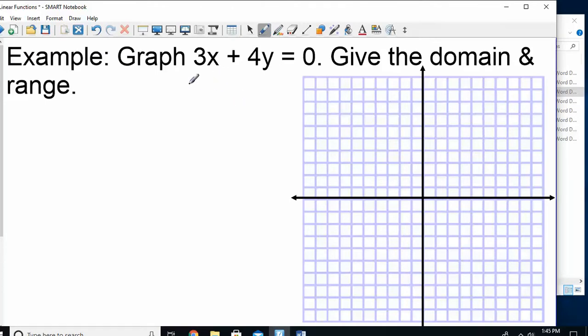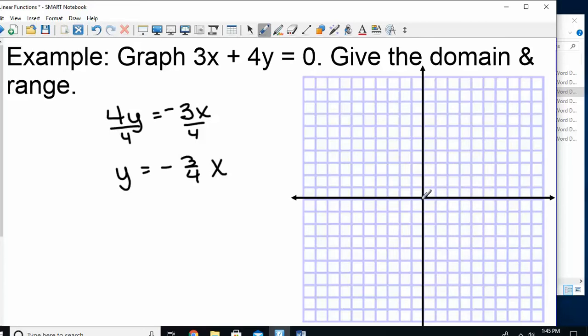Yeah. Change it to y equals mx plus b form. Solve for your y. So if we subtract our 3x, divide by 4, y is negative 3/4x. Then we can easily graph that.